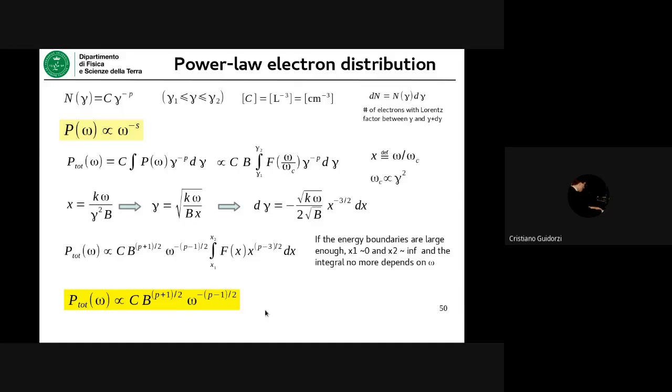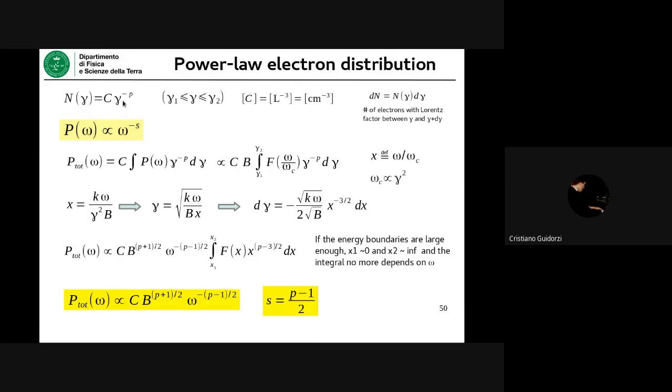Indeed here, not only did I prove that the dependence on frequency is in a power-law-like fashion, indeed you see, this is a power law. But we also obtained the formula for the power law index of the spectrum, what I called at the beginning S. So S is indeed p minus 1 over 2.